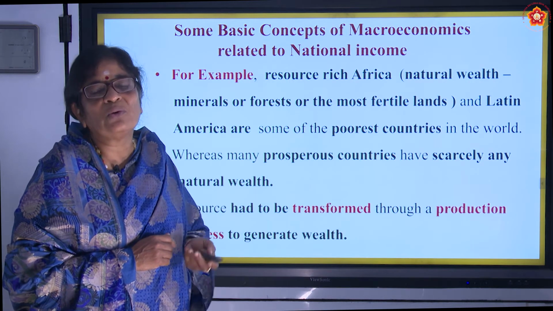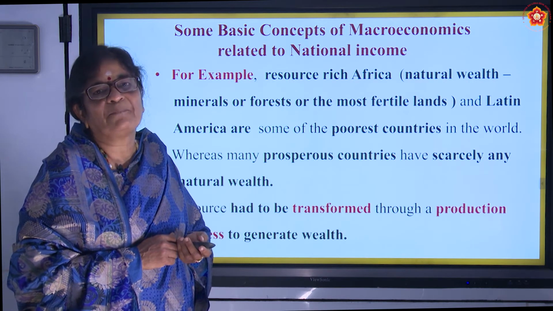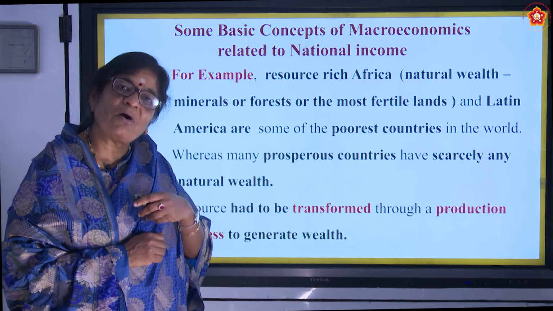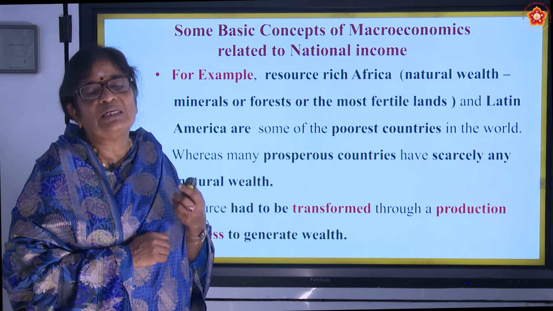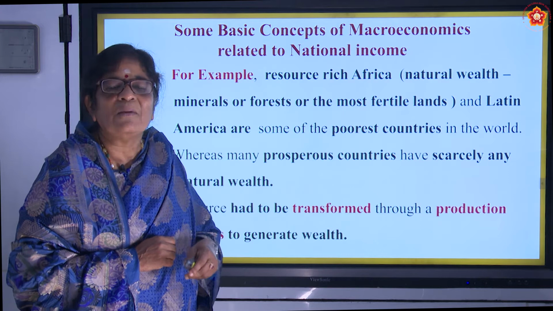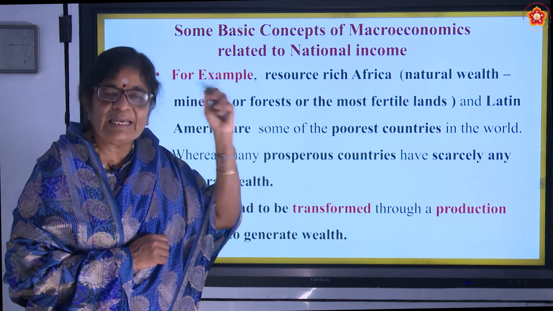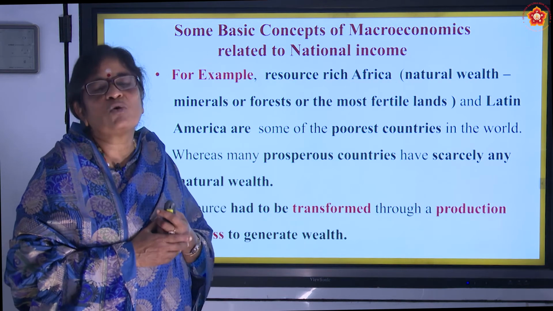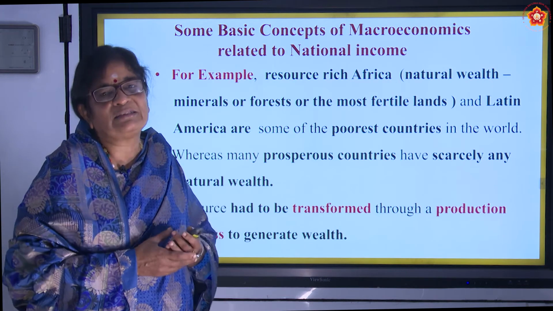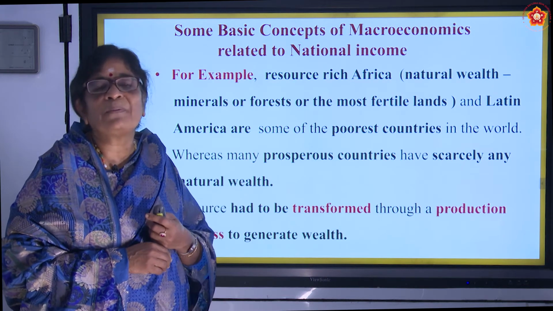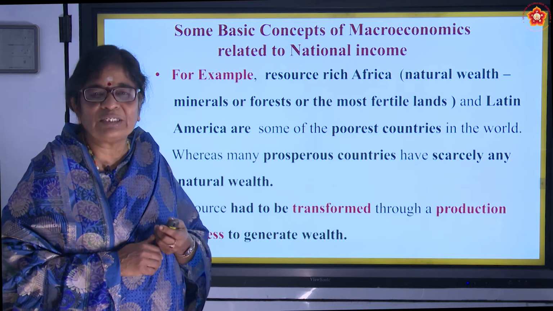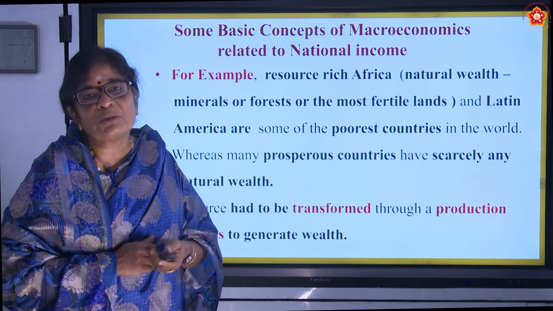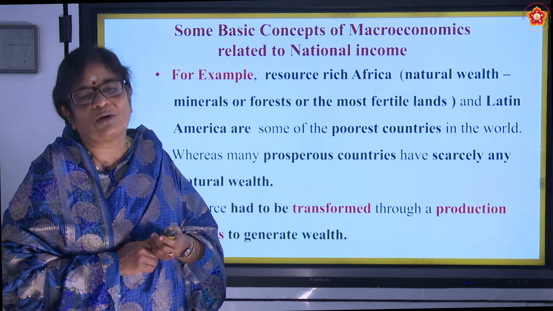How? You all know, under British rule in India, what did they do? They transported all the natural resources, jute, silk and cotton, everything from India to England. And what did they do? They put all these raw materials into the production process using their technology, and converted them into final products, final output and commodities, and then again transported them back to India to market their outputs.